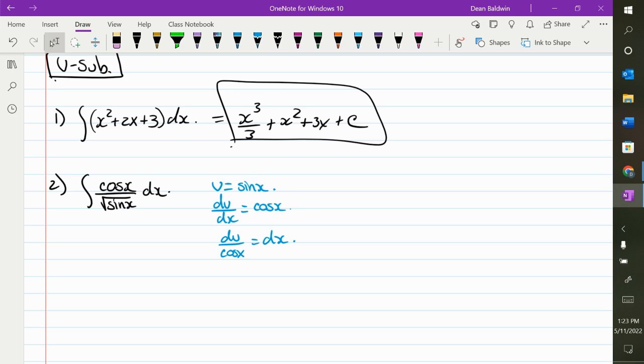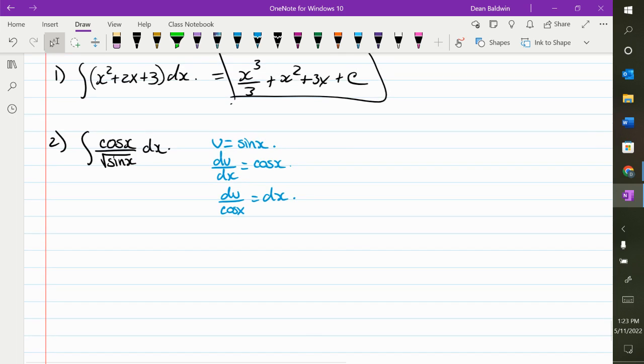So you solve for it, and then you plug it all back in, except do we like roots? No, we do not. Like 1/2. We like 1/2. So we rewrite this as cos of x over u to the power of a half, and then dx is du over cos of x, and the cosines go bye-bye. So do I want the u to the half on the bottom? No, we're going to flip that up.